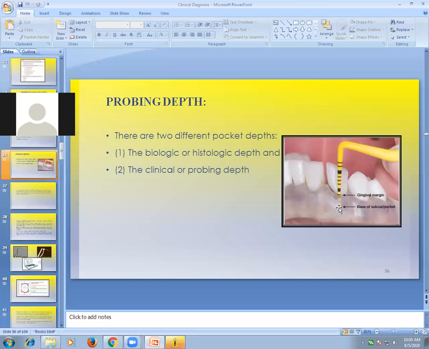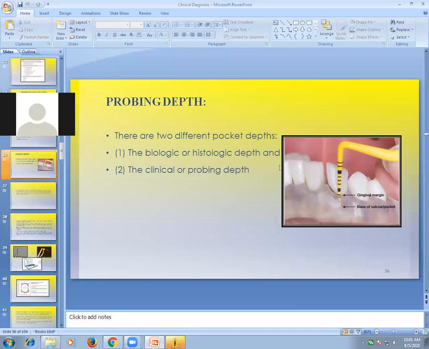Probing depth means what? Any one of you can tell me what probing depth is? How is it measured? When you insert this probe in the sulcus, you measure from the margin to the base of the sulcus, right? At the margin, whatever probing marking or calibration is there, from there to the tip of the probe at the base of the sulcus, you measure that and write it as the probing depth.